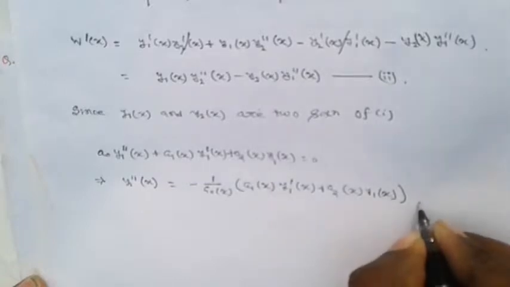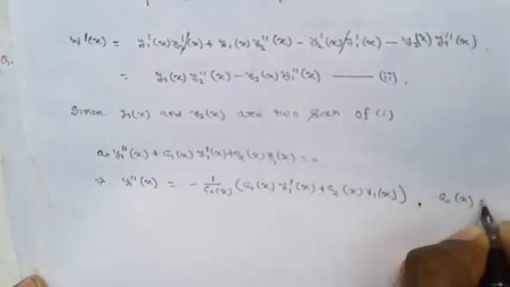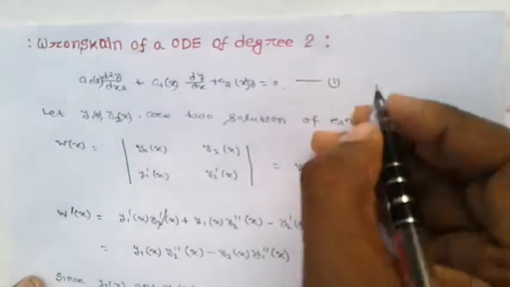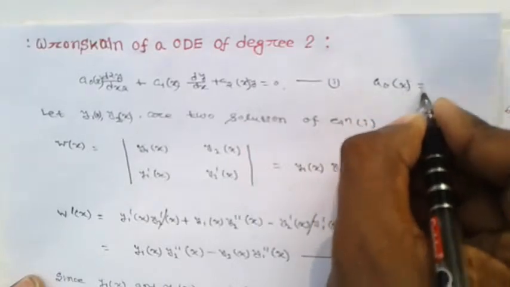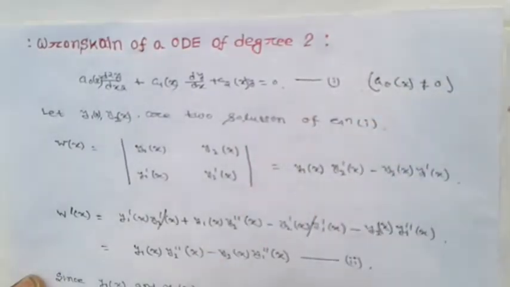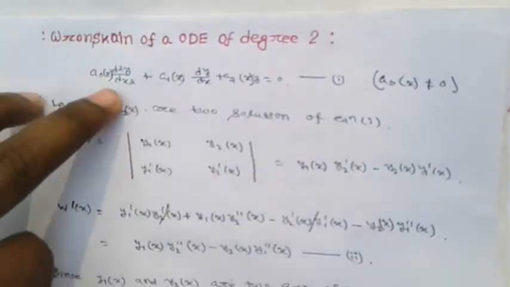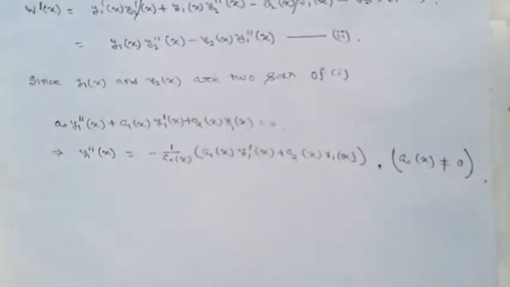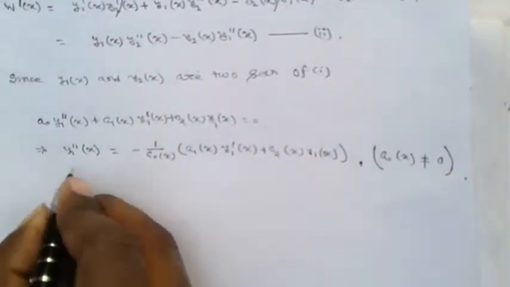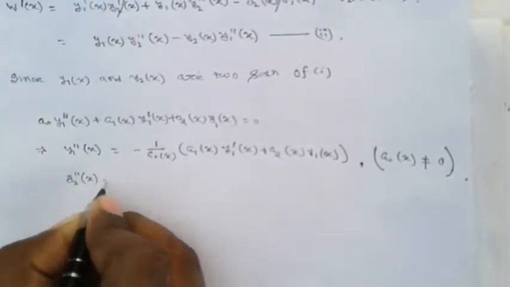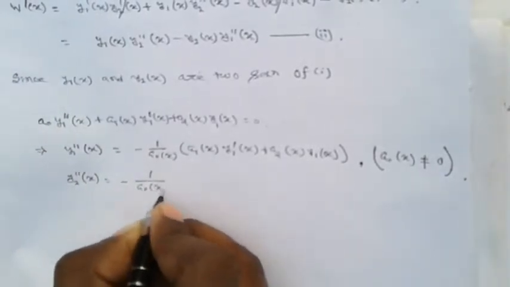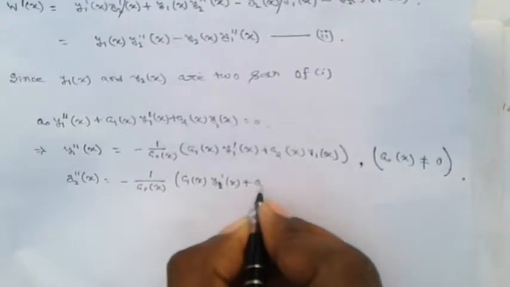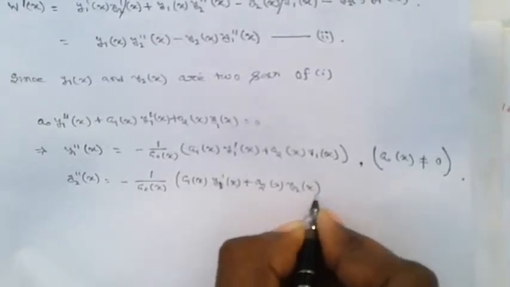The given condition is a0(x) not equal to 0, and this naturally holds because this is an ODE of degree 2, so a0(x) not equal to 0. And similarly y2''(x) equals minus 1 by a0(x) times a1(x) y2'(x) plus a2(x) y2(x).